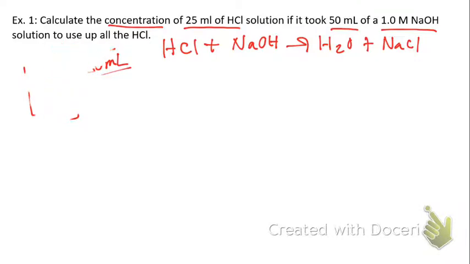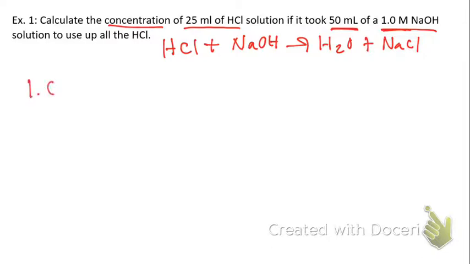Okay, so let's look at the math. The first thing we need to do, once we know the total volume of the base added and we know the concentration of the base, is use that to find the number of moles that we actually added to the acid solution to neutralize it.